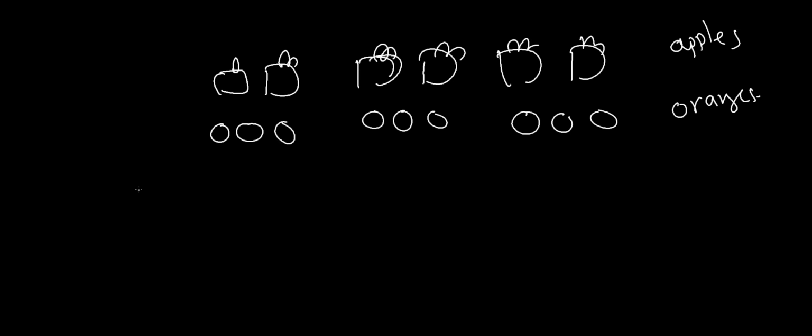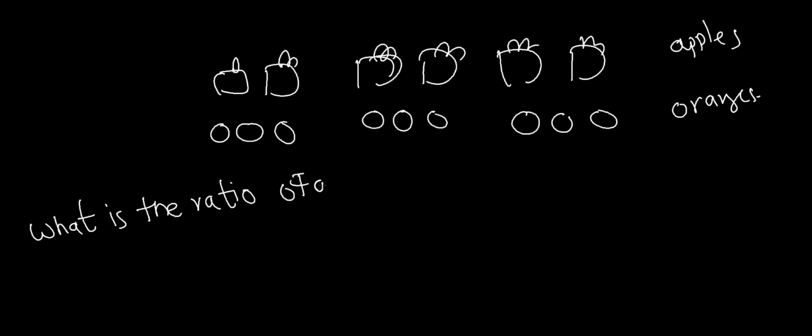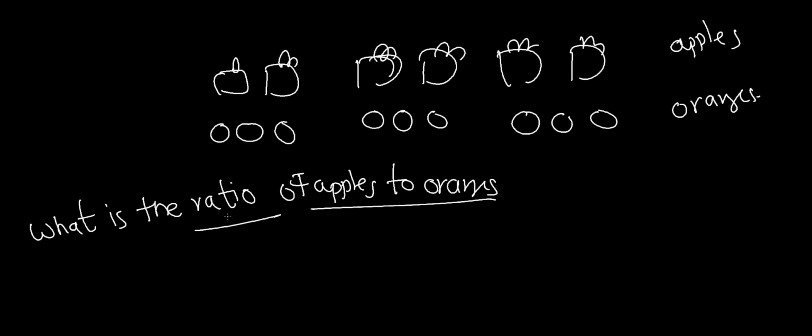And now what I am asking is the direct question: what is the ratio? We are looking at ratio, but we are starting with asking what is the ratio of apples to oranges, ratio of apples to oranges.